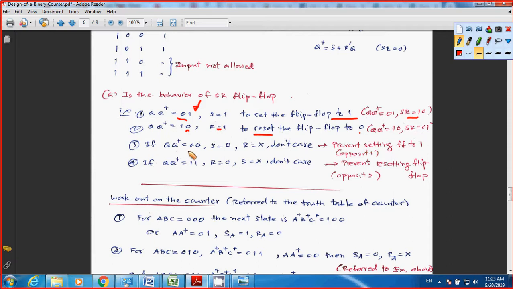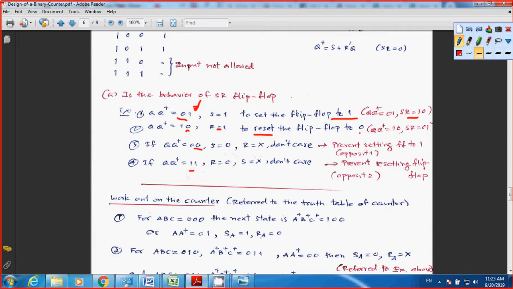And for Q Q plus equal to 0, 0, that's according to S equal to 0, R equal to X, or don't care state. That means preventing the flip-flop from being set, Q plus to be 1. That's the opposite of the case number 1, because you want to set the next state here to be 1. So your SR is going to be 0X.